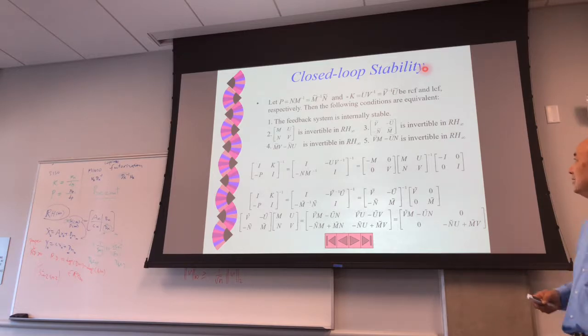The same thing holds for left coprime factors. This is a right coprime factorization. In other words, we talk about this smaller matrix, M and U minus, being invertible. I believe this is trivial.